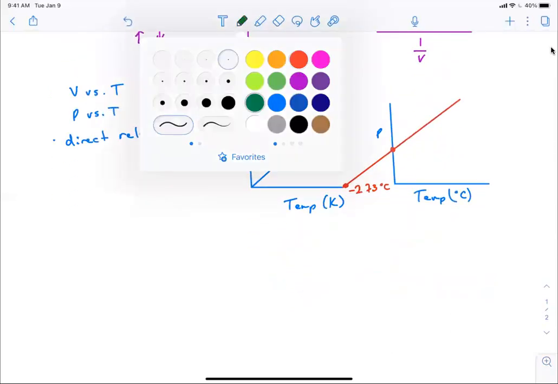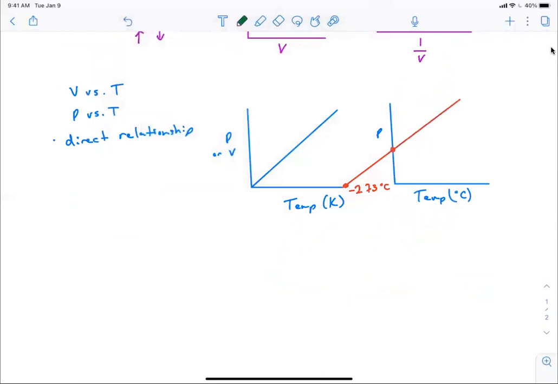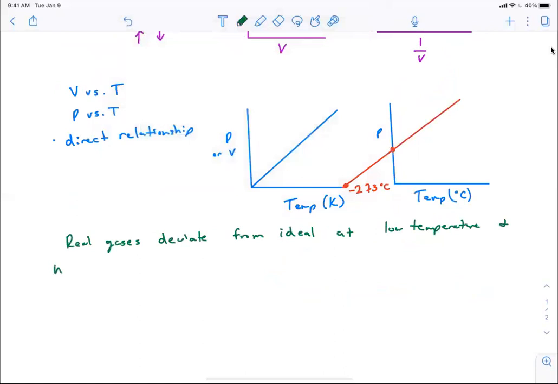And as a side note, this isn't really a graphical thing, but you do want to understand that real gases deviate from ideal at low temperature and high pressure.